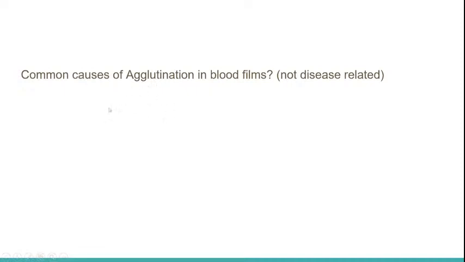We're going to move on to agglutination causes based on technical errors, or pre-analytic causes of agglutinations in the blood film, which is of course not disease related. Cellular clots or microclots in the sample are present. You can correlate this with the automated analyzer by looking at the RBC count as well as the platelet count.